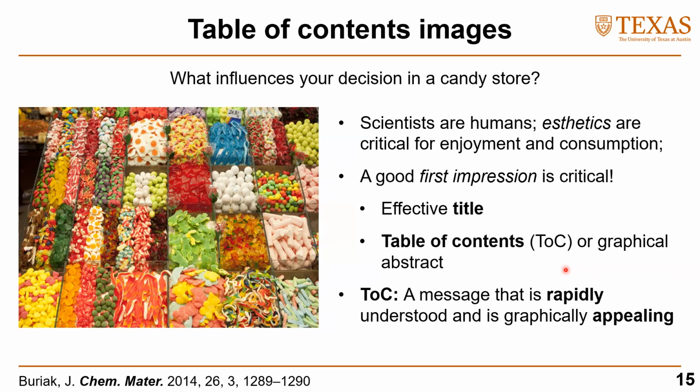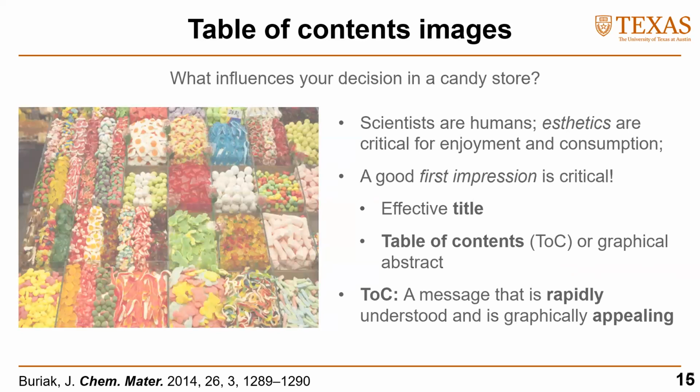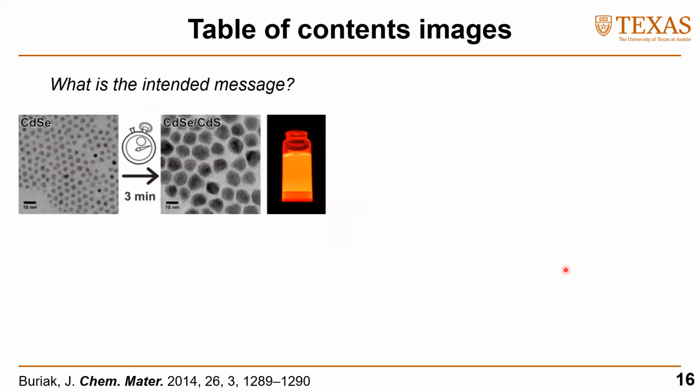Your TOC may make the difference, at the end of the day, because if people don't look at your paper just because it doesn't feel compelling, maybe you will get fewer citations, even if your paper is the best one, because it's not getting noticed by the audience. And so when you have these TOCs, just think about the message.